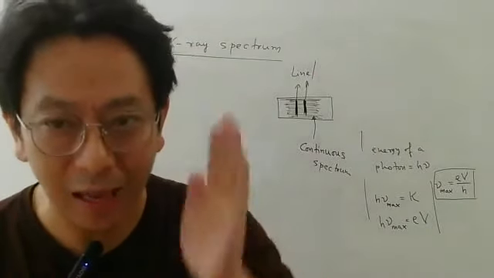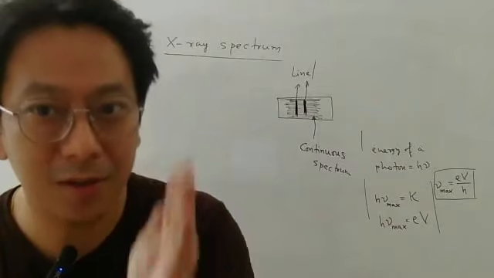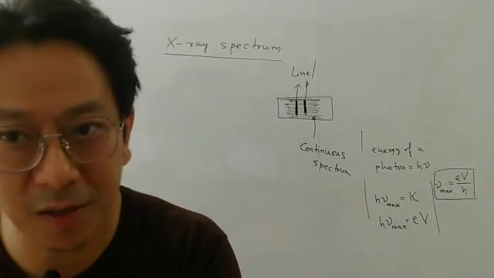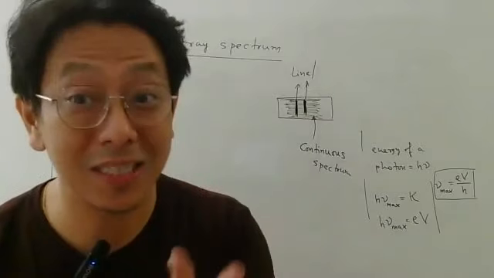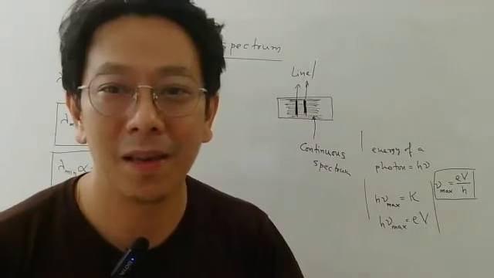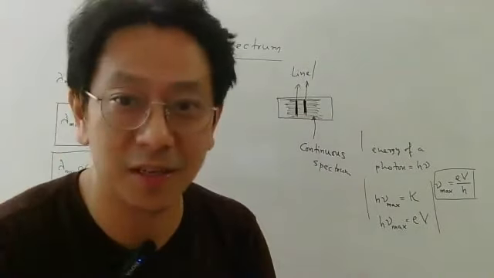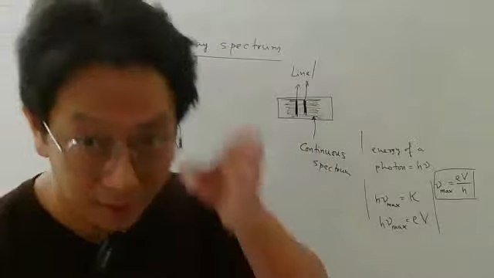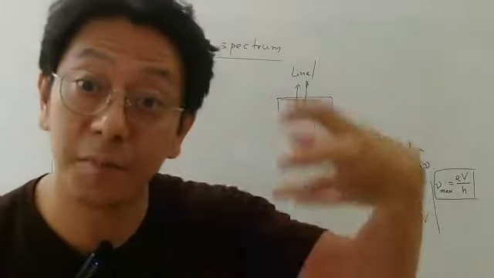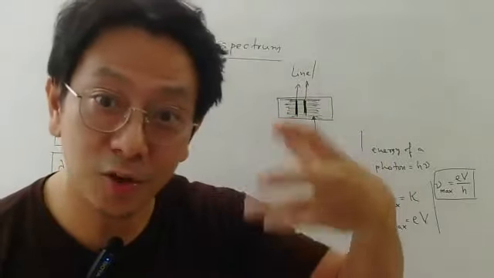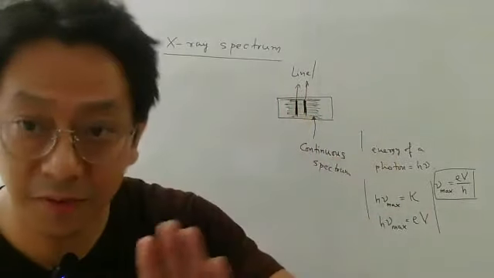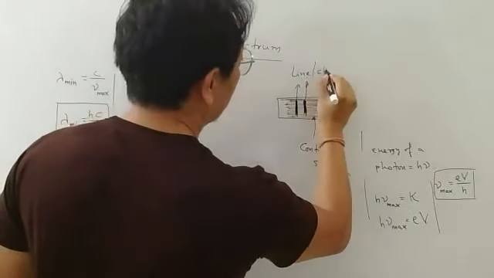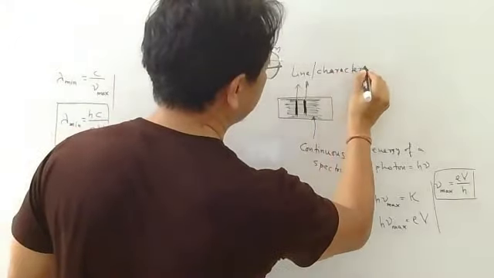Like that, every atom has its own spectrum. So if you know the line spectrum, you will know which atom it is. So it is characteristic of the atom, like signatures are characteristic of a person, and fingerprints are characteristic of a human being. Similarly, these line spectra are characteristic of the metal target which you are using. So depending on the target, these line spectra will have different frequencies. So this is called the line or characteristic spectrum.